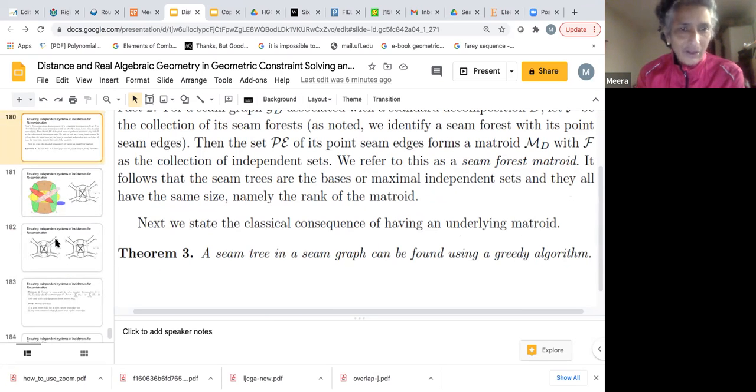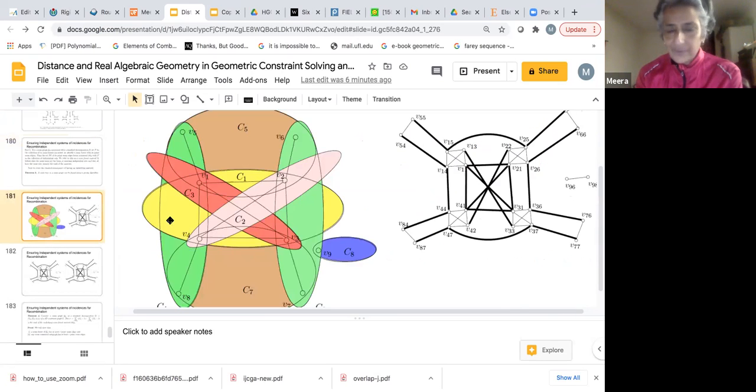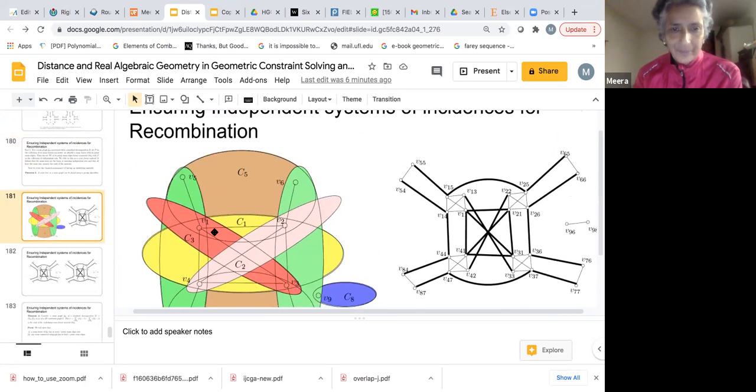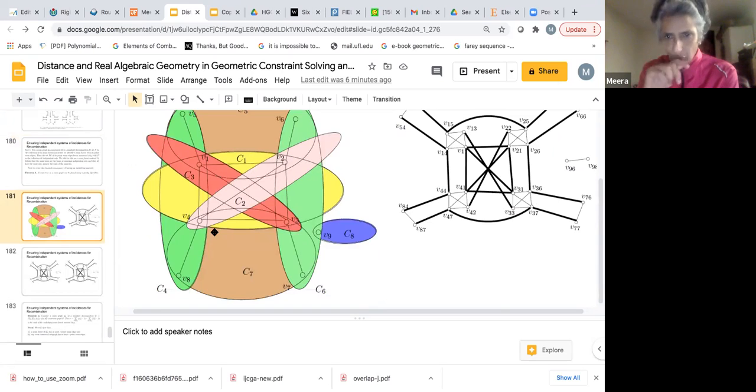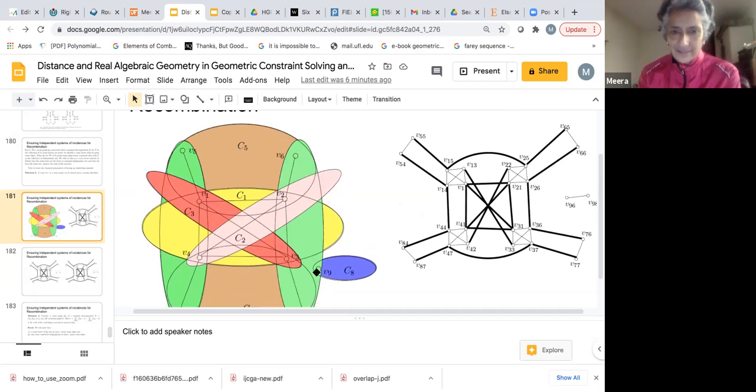Before the corollary, we have an example. Here's another slightly more complicated example. You'll notice here that this cluster shares just one vertex. So it's off here by itself as a separate pair of point seam vertices with a point seam edge. And the rest of it is like this.